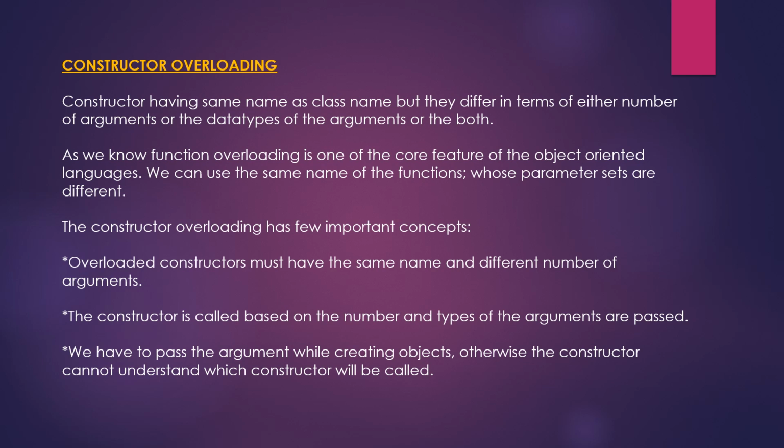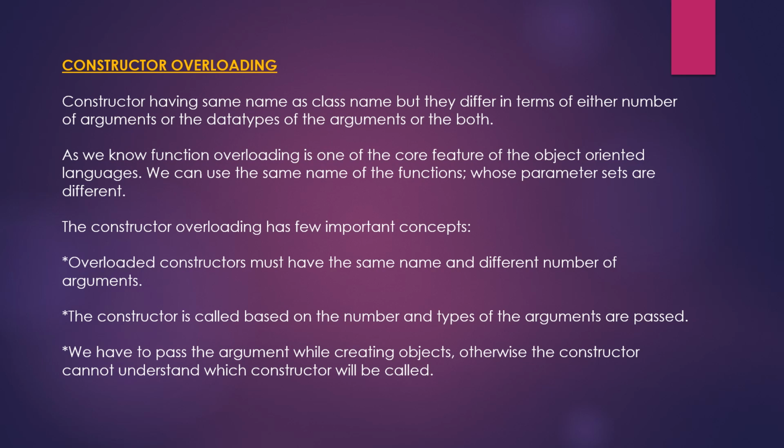If we have more than one constructor in a program, how do we call the constructor? As we know, whenever an object is created, the constructor is automatically called. So when we create the object, we also have to pass the values for the parameters. When we pass values for 2 parameters, the constructor having 2 parameters with the same corresponding data types will be called.